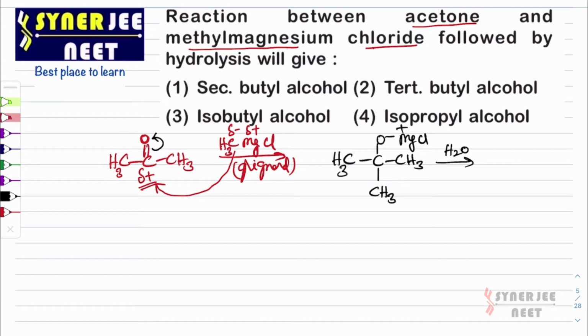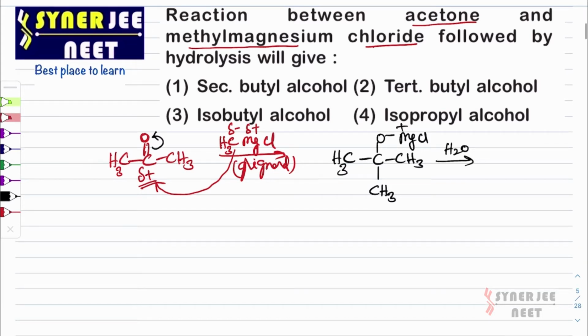It may be water or acid water. O minus will take H plus. So once it takes H plus, it will become CH3 COH and CH3 and CH3. The other byproduct will be magnesium, with one chlorine already there, and OH of the reagent attached there. That is the byproduct. That is not required here.